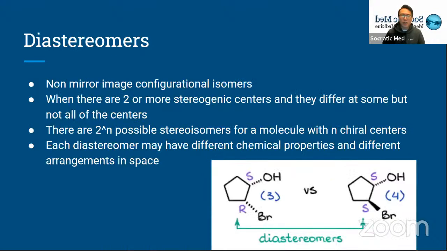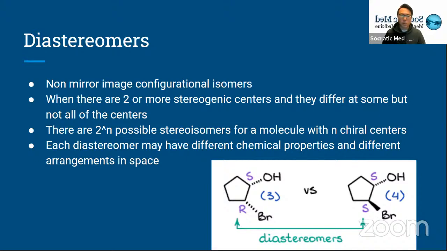And then the next type of configurational isomers is known as diastereomers. These are also non-superimposable, but while enantiomers have opposite configurations at each stereogenic or chiral center, diastereomers only differ at some but not all the centers.